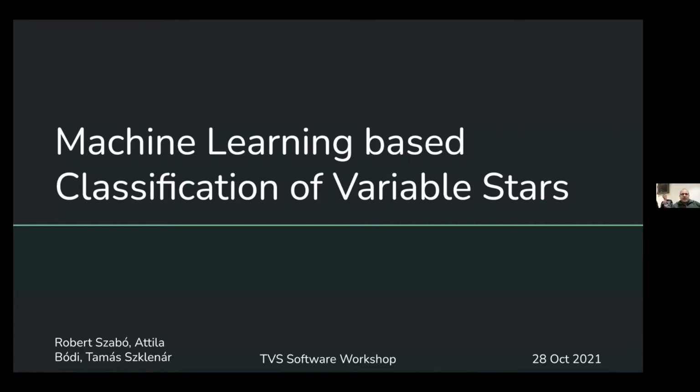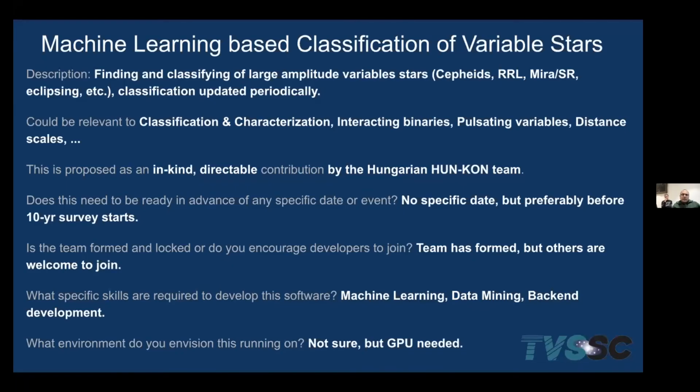Hi, everyone. Welcome. This is presented on behalf of the Hungarian in-kind contribution team. Let's jump into the second slide. The idea is to provide a machine learning based classification of variable stars, and to find, classify and maybe characterize the large amplitude variables.